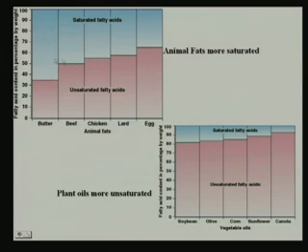Here the proportion of saturated versus unsaturated, starting from butter, beef, chicken and animal fat, lard, eggs, etc., you see the proportion of unsaturated fatty acid is much smaller compared to the plant sources. Here the amount of unsaturated fatty acids is more compared to the animal fat, and this is the difference between plant lipid and the animal lipid.